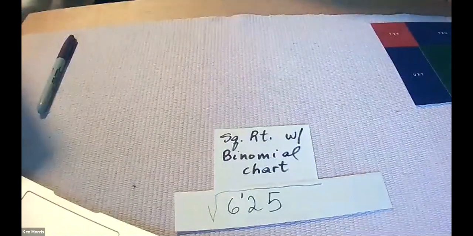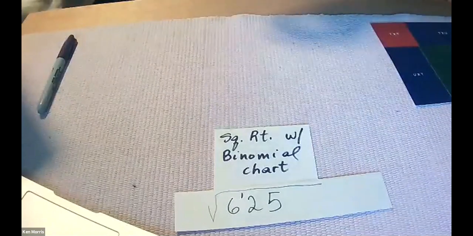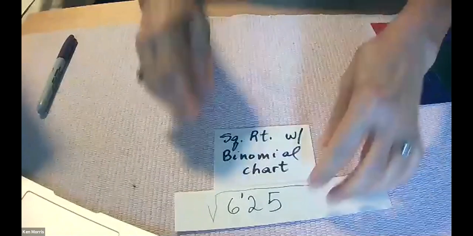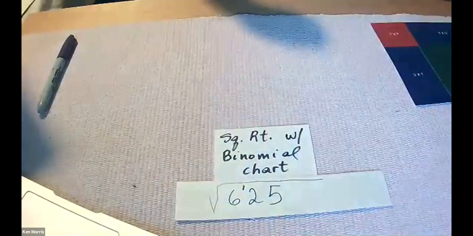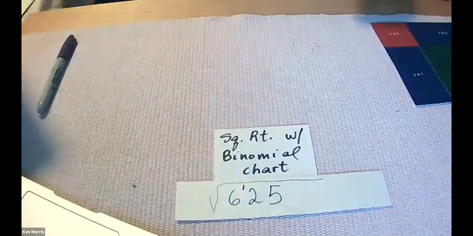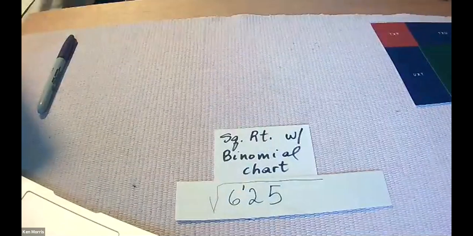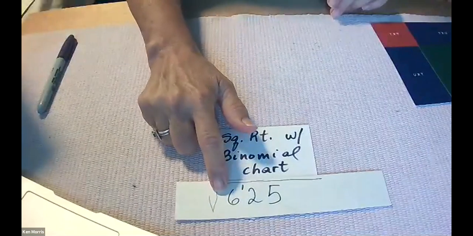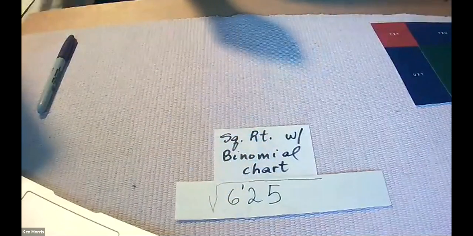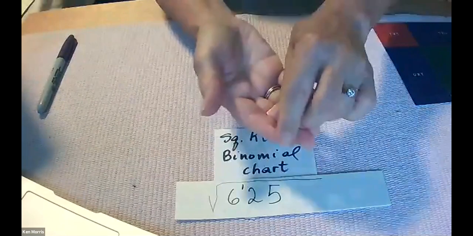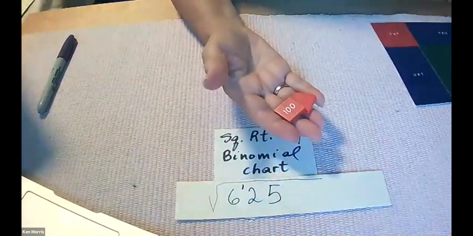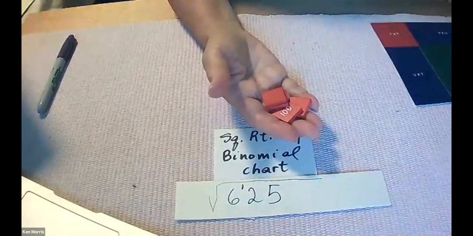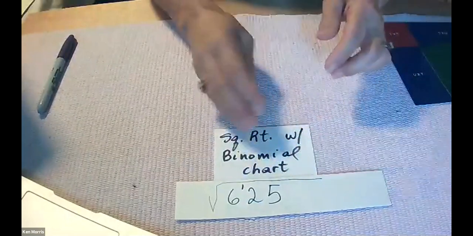We're going to start first using the stamp game. I'm going to make the radicand. I need 600s, so I have 2, 4, 600s.